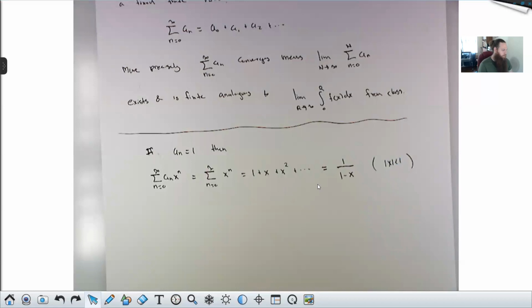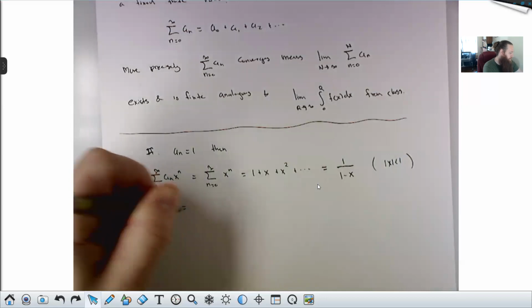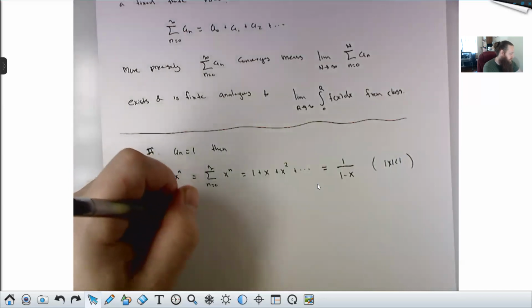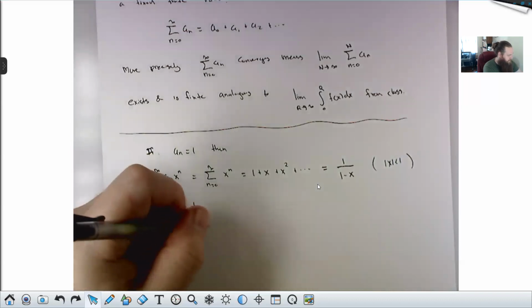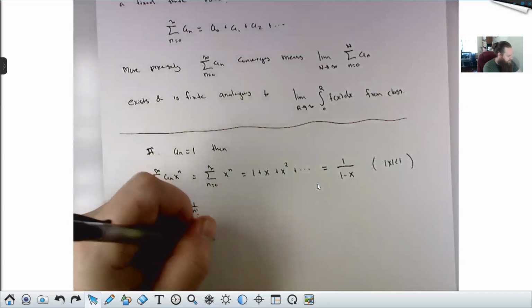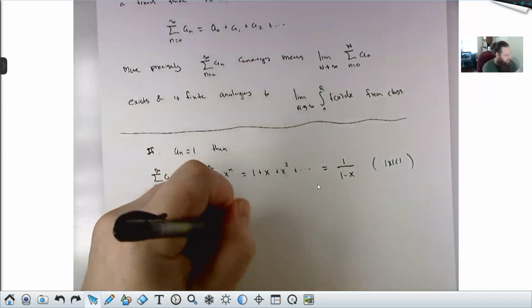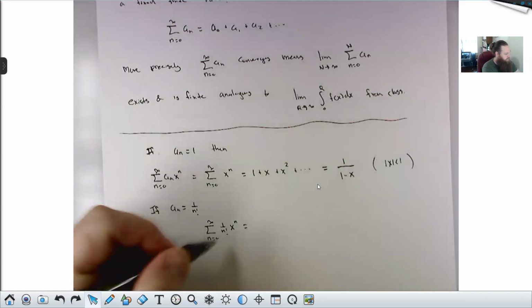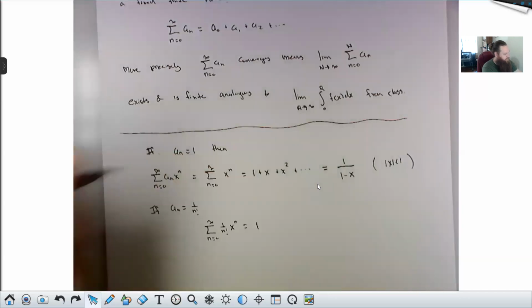Other series you may or may not remember. If we take a_n to be 1 over n factorial, then the series we're looking at is the sum from n equals 0 to infinity of 1 over n factorial times x to the n. So 1 over 0 factorial times x to the 0. 0 factorial is 1, so this also starts as 1.